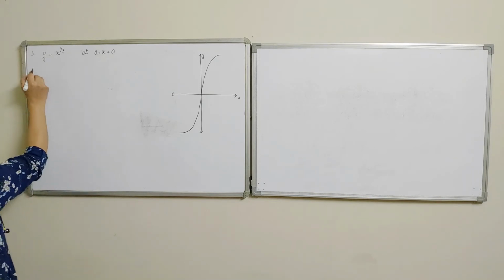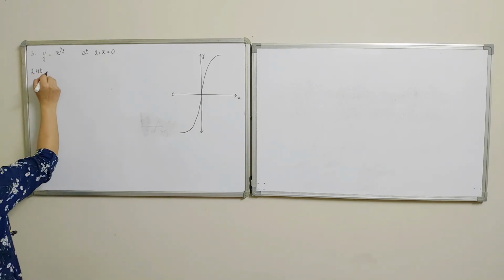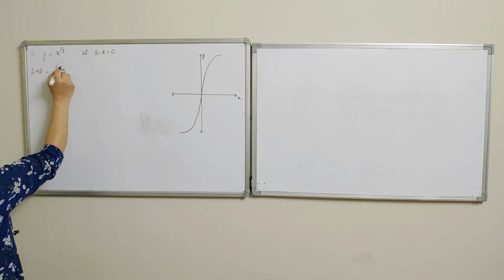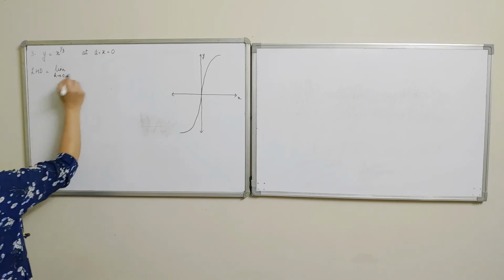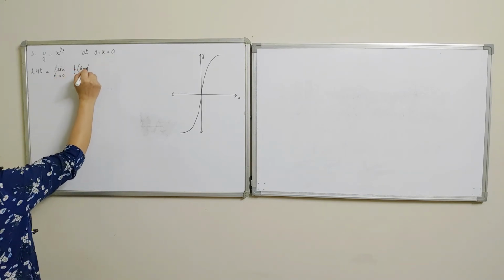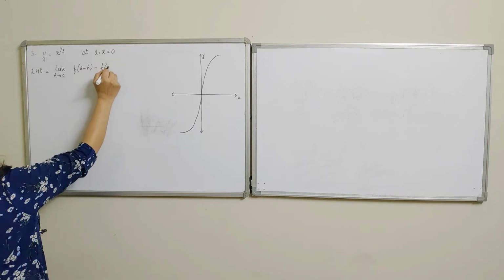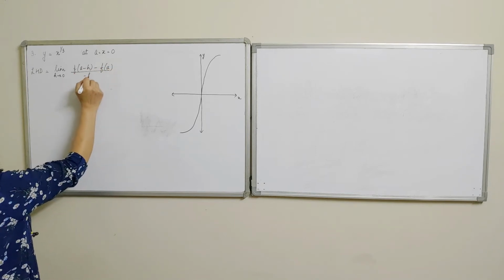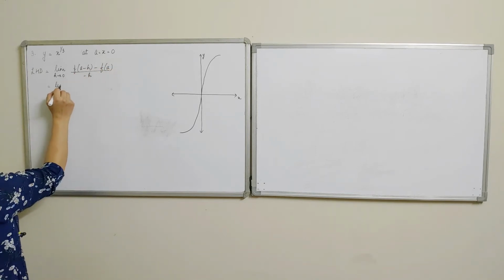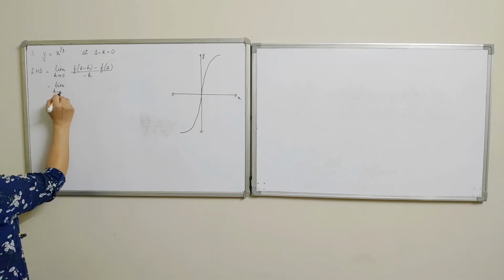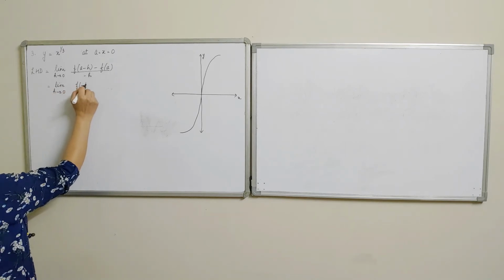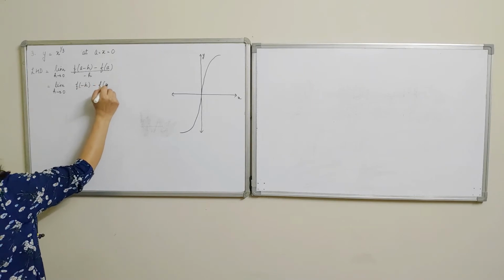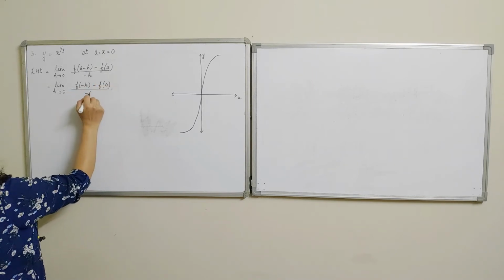So now let's find out the left hand derivative. Here we know the point of consideration is 0. So f of minus h minus f of 0 upon minus h.